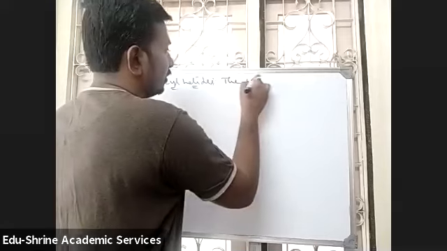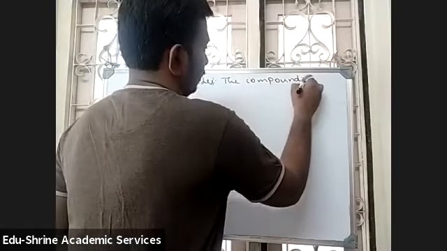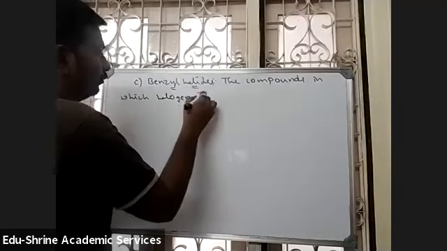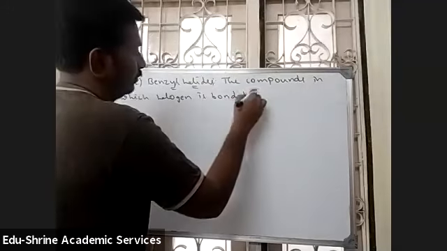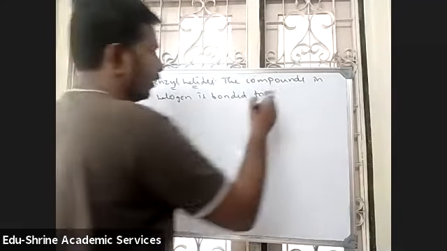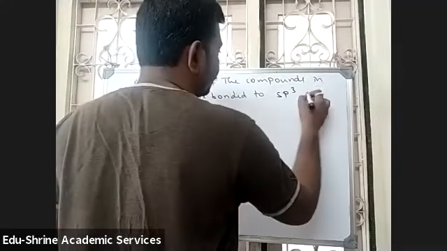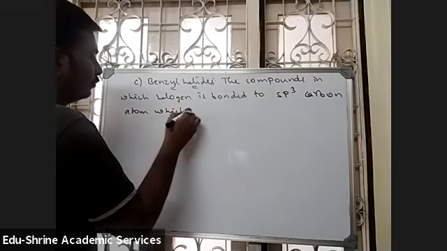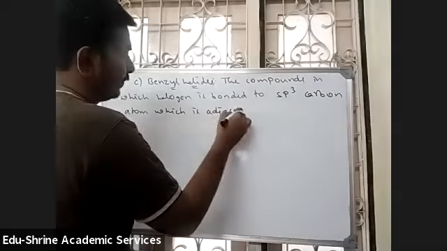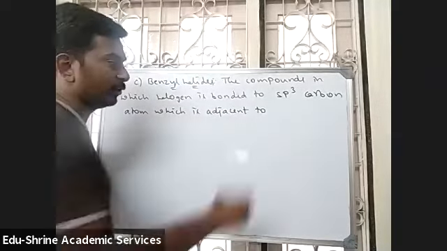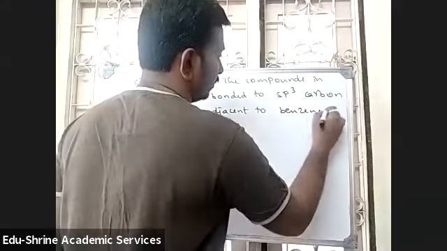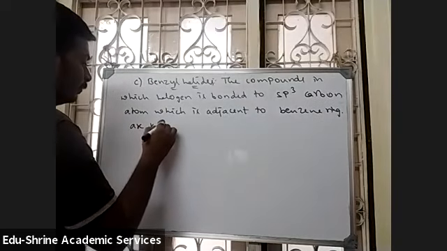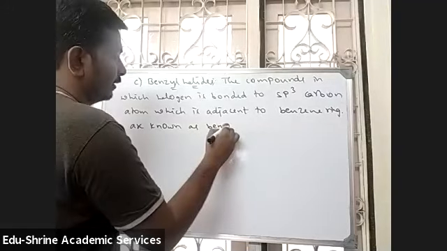The compounds in which halogen is bonded to an sp3 carbon atom, which is adjacent to a benzene ring, are known as benzyl halides.